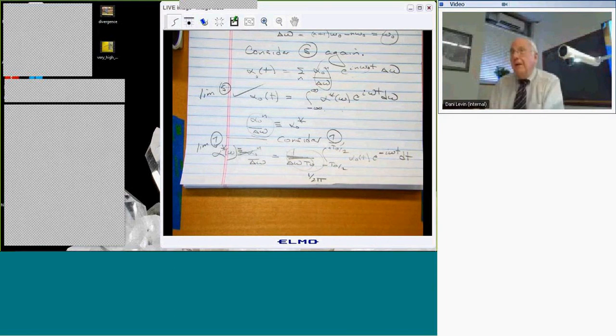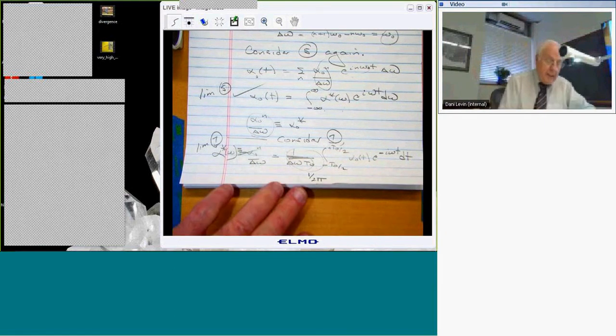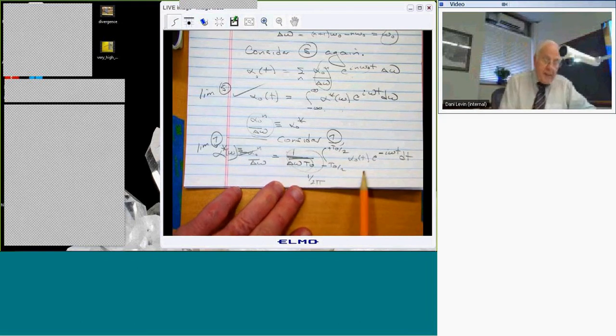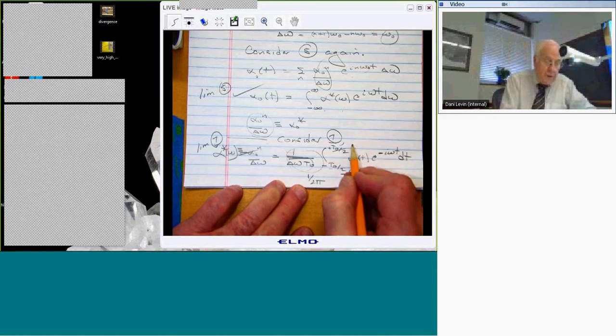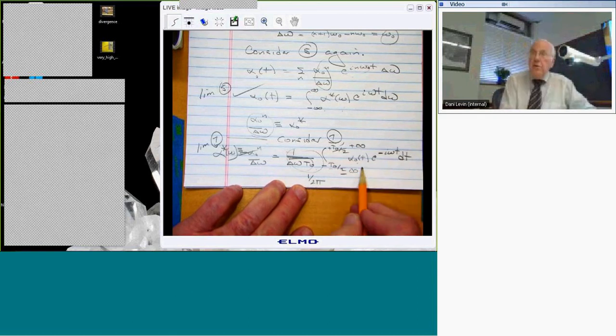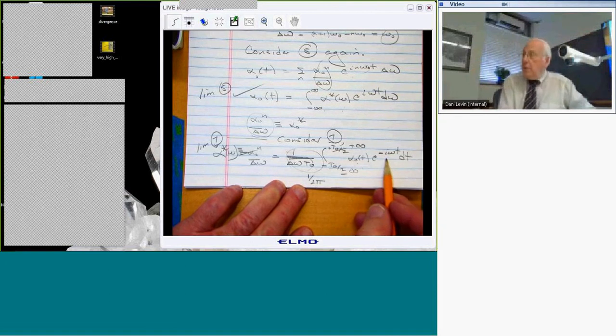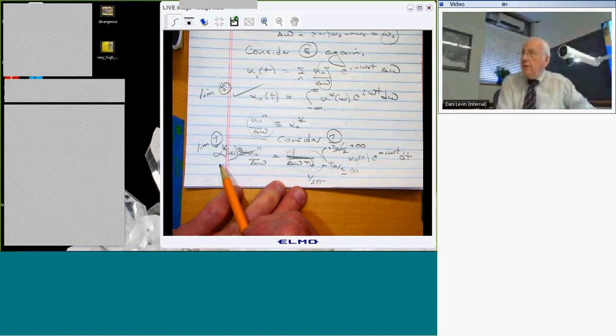They're a Fourier transform pair, okay? This equation says, if I know this function of time, and of course, these limits now go from minus infinity to plus infinity. If I have this function of time, I multiply by e to the minus i omega t and integrate over time, and I produce something called alpha star. That is the Fourier transform of this function of time.